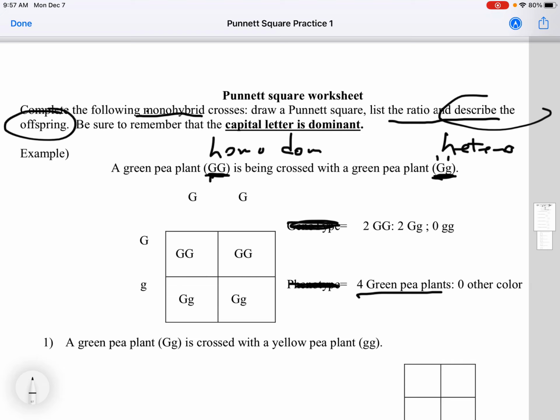Okay, so check out what we do. We take one parent and we put one of the alleles over the top of one column, okay? We put another one of the alleles right there over the top of this column. We're going to take this parent here, the heterozygous, and here's one allele, and here's one allele on the side, okay? We get what's in these boxes by bringing down and bringing over, okay?